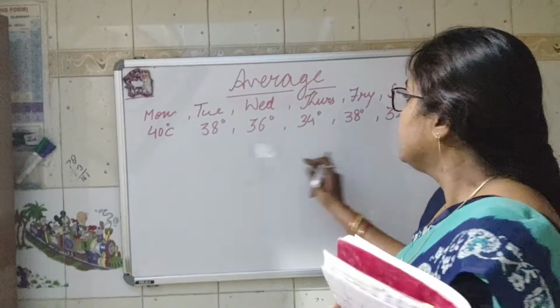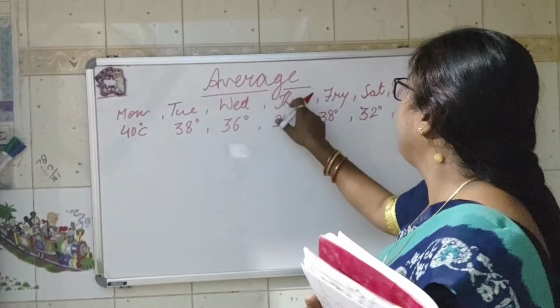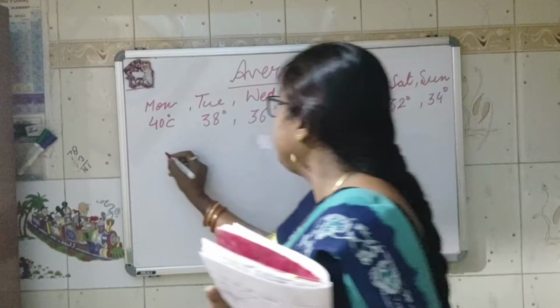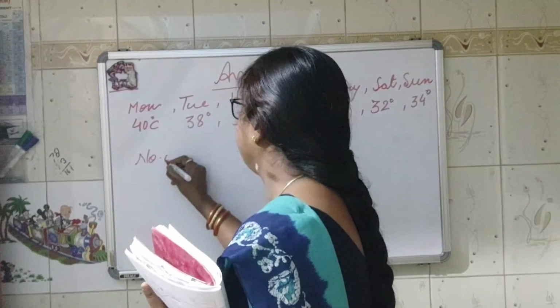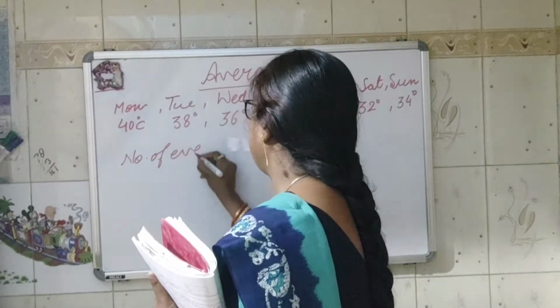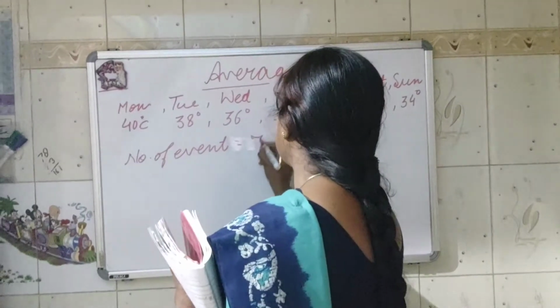You have seen, na? So the number of days is 1, 2, 3, 4, 5, 6, 7. So we will write down the number of events. Okay, number of events is 7.